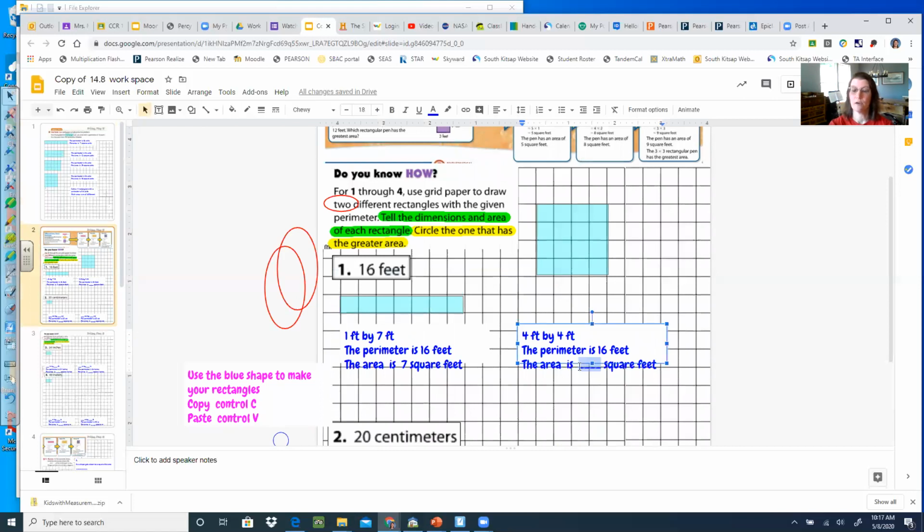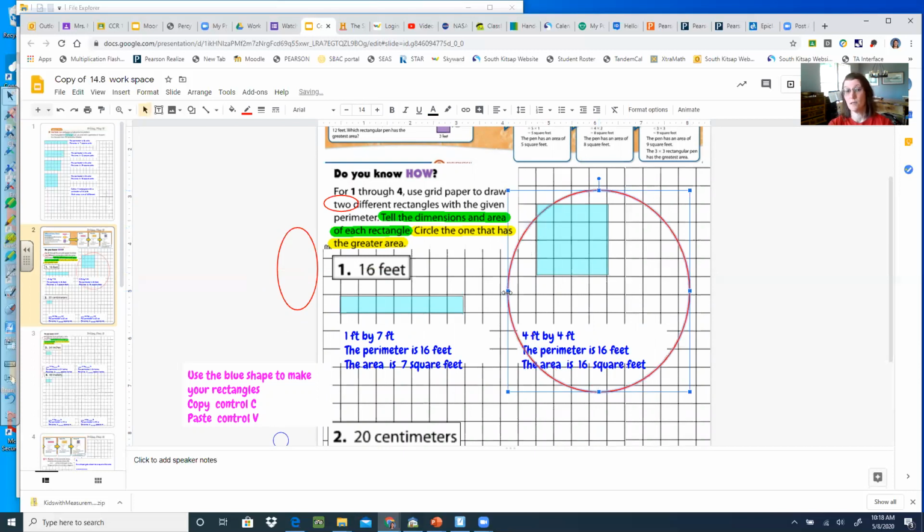There we go. Its area is 16. So we are done. What? No, not quite done with number 1. We have to circle the one with the greater area. So I pre-plugged you some circles. This one has the bigger area. So that's the one I'm going to circle. There we go.